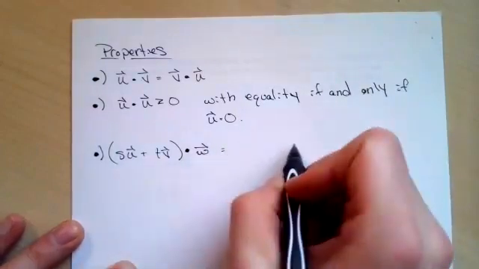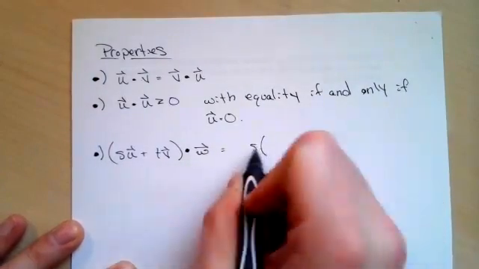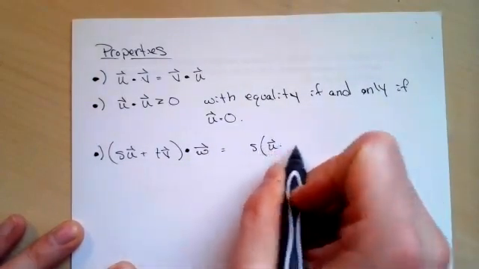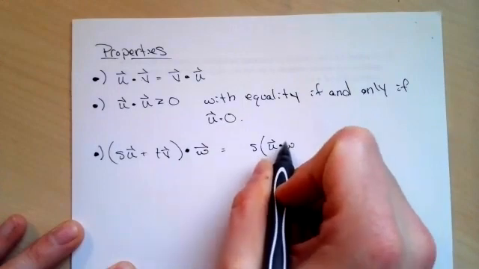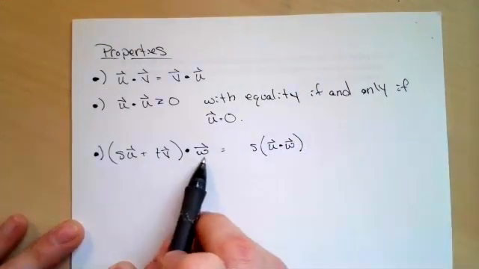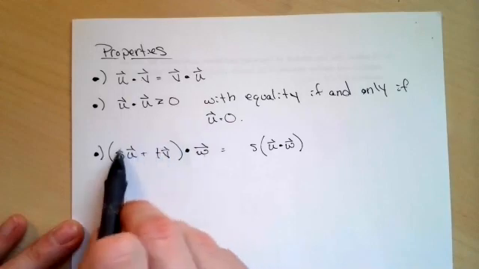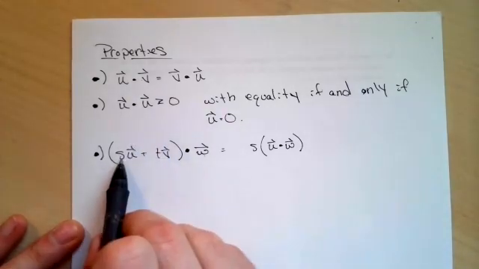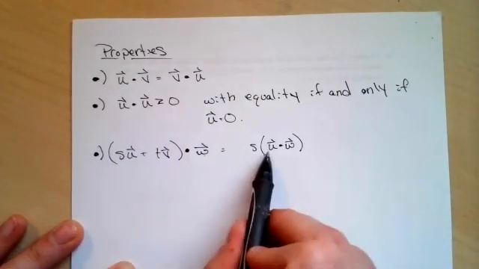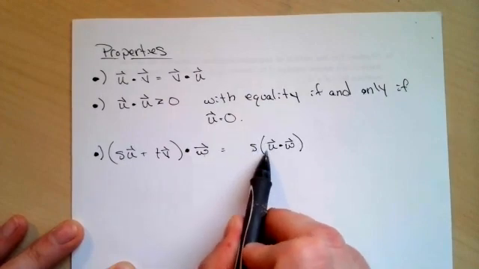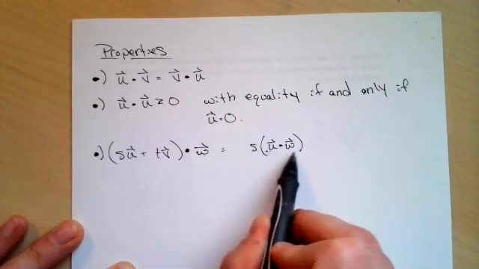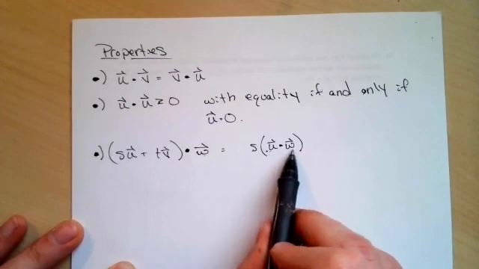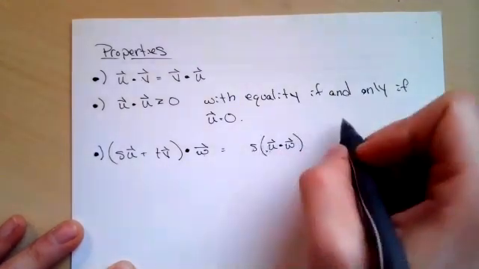So what we can do is compute the dot product. It is a product, so this product is going to distribute over the addition. And then even within the scalar multiplication, we can pull the scalar multiples outside of the dot product. In other words, we can do the dot product first and then the scalar multiplication.